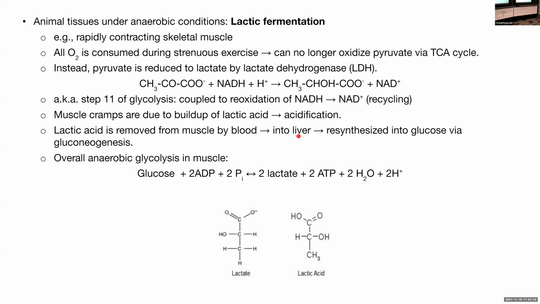And once it gets to the liver, it can be resynthesized into glucose. So it goes back to the original molecule where it has 6 carbons, right? Via gluconeogenesis, which is the process of generating glucose from smaller molecules. And here's the overall anaerobic glycolysis reaction in muscle. And here's a comparison between the lactate and lactic acid molecule structures.